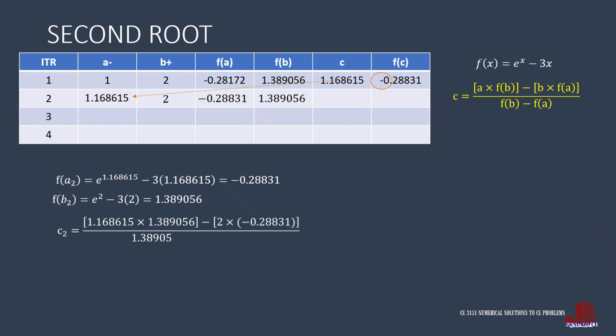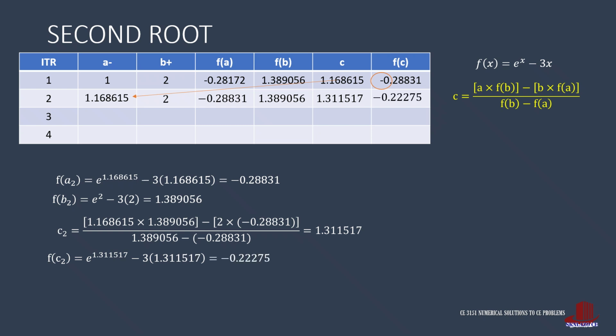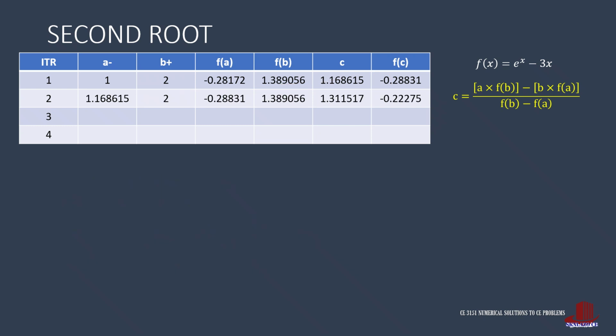C is again computed from the computed parameters and turns out as 1.311517. Use this to find f of C, which is then negative 0.22275.